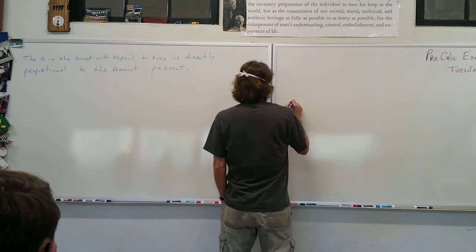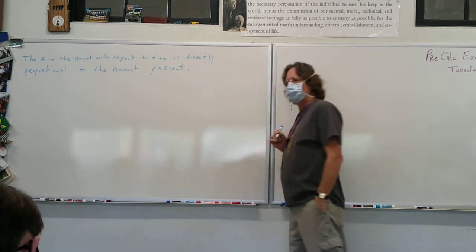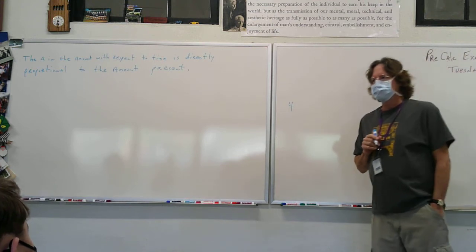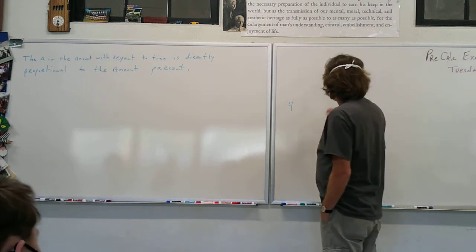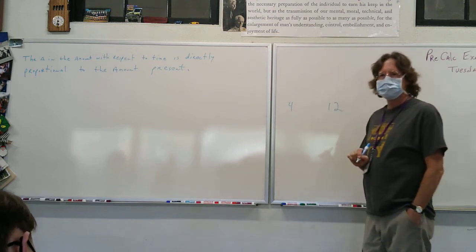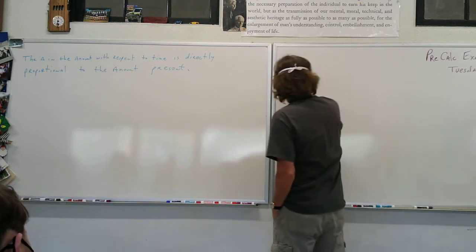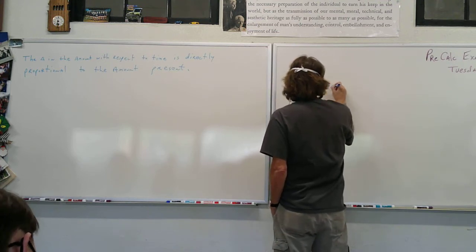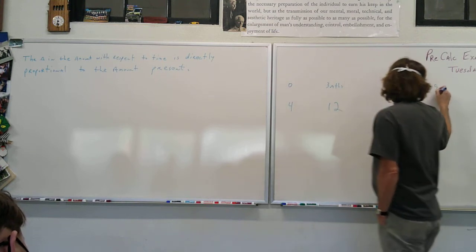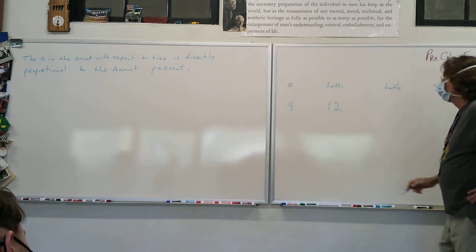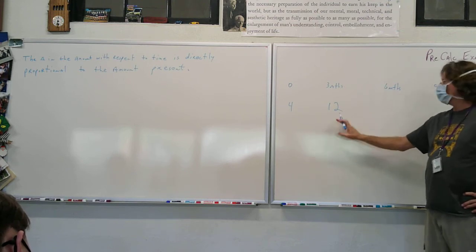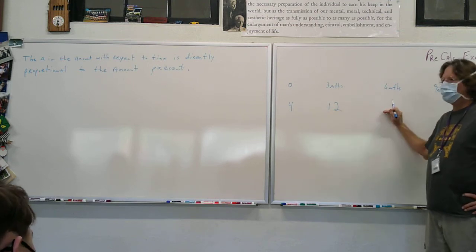I have 4 rabbits in my field. Okay? And in 3 months, I have 12 rabbits in my field. Okay? 0, 3 months, 6 months, 9 months. Okay. I increased by 8 rabbits, right? Am I really going to only increase by 8 rabbits between here and here?